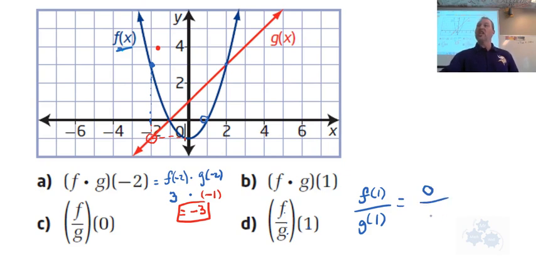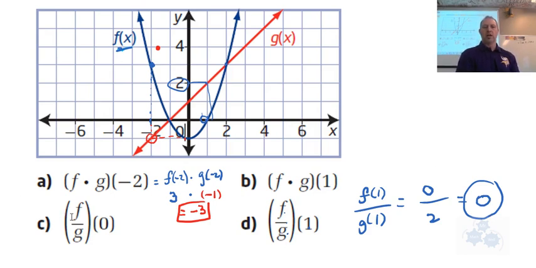But if g of 1 is any real number at all, the answer is 0, right? So what's g of 1? Let's go up here. It is 2, right on. So 0 divided by 2 is 0. Awesome. So remember, if 0 is on top, it's 0. If 0 is on the bottom, trouble. It's undefined.